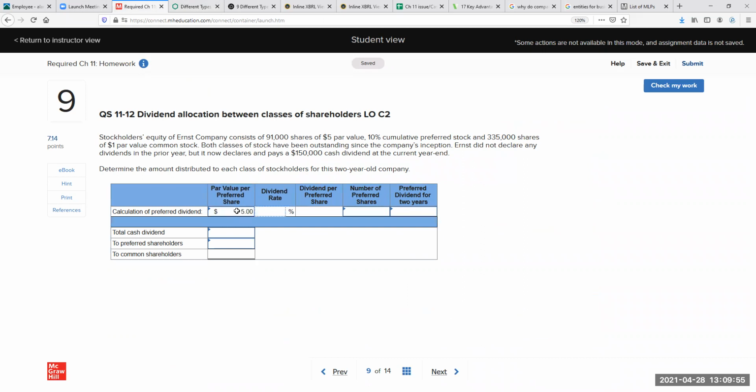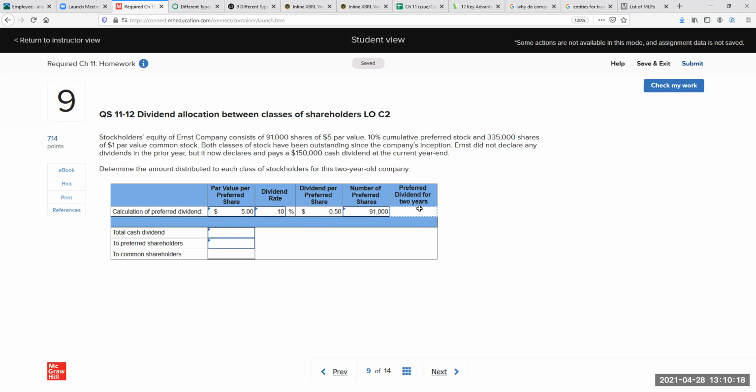What's the dividend rate? 10%. So 10% of $5 is 50 cents. How many shares are there? 91,000. So how much money do you owe them each year? 91,000 times 50 cents is 45,500.